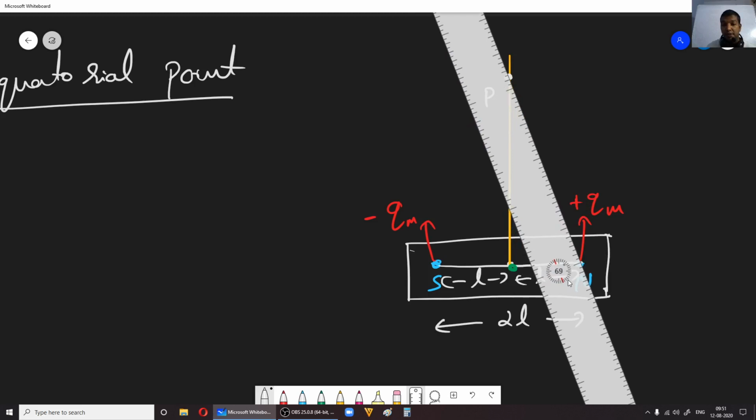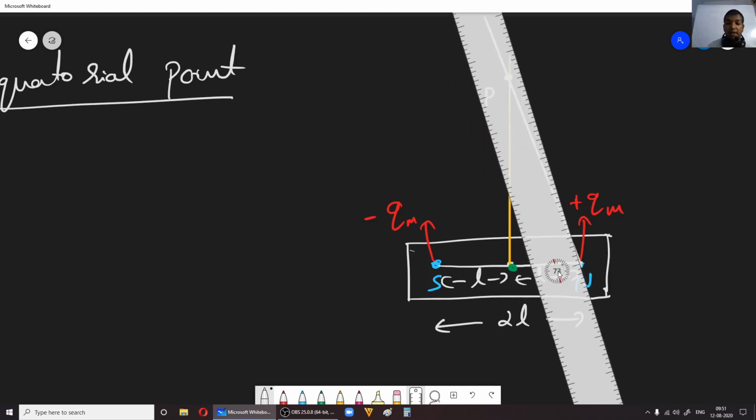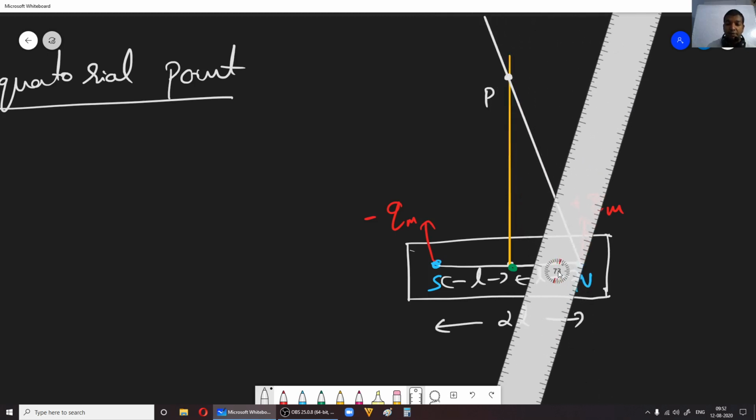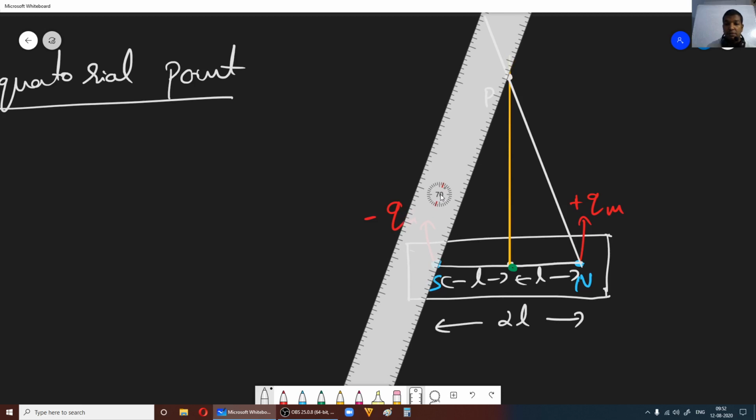You can join a line here. This is how the magnetic field will be due to the north pole, and due to the south pole, the magnetic field will be this way.